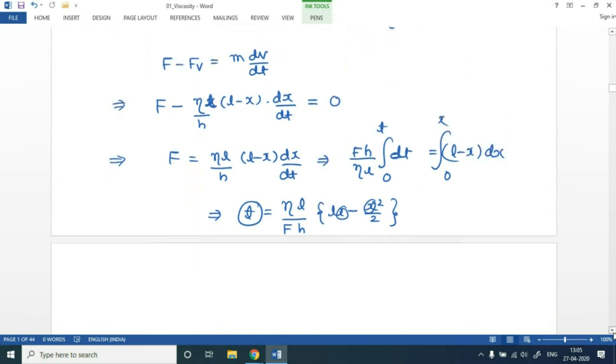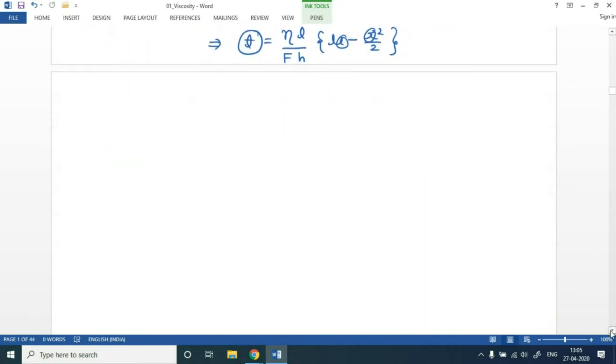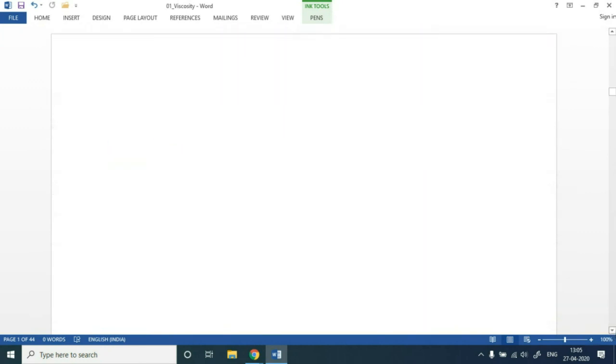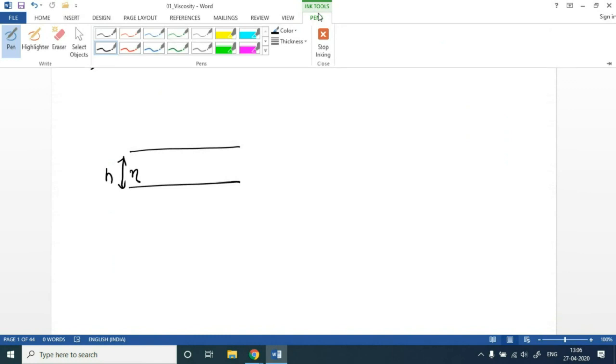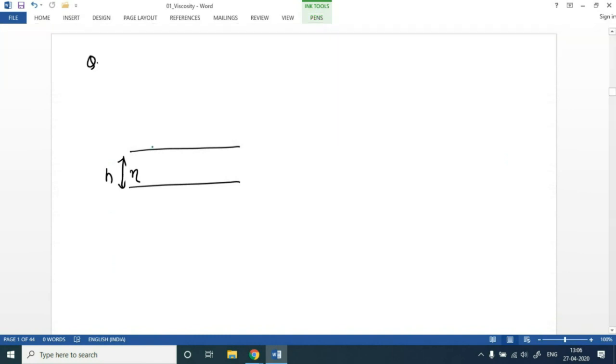Another problem I want to discuss for the linear velocity profile is this. Let's say we have a thin layer of liquid whose height is h, and the viscosity of this liquid is eta, and on this thin layer of liquid we have put a circular plate.